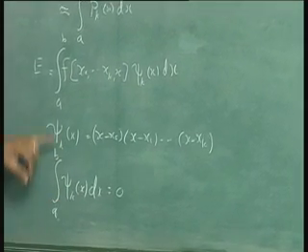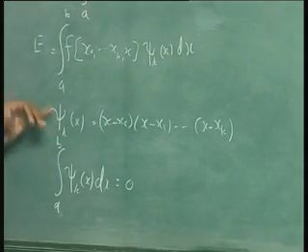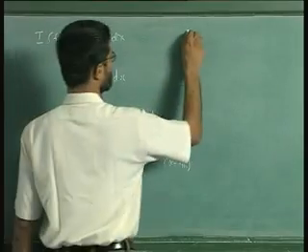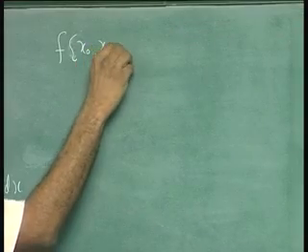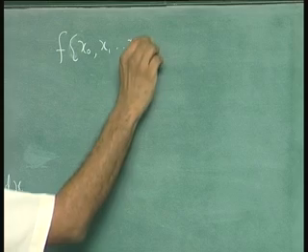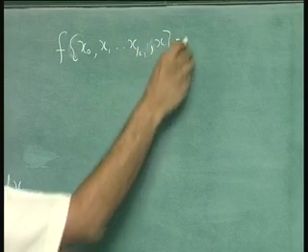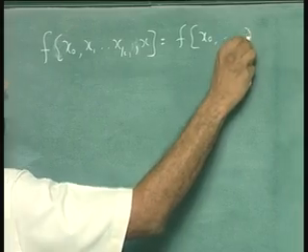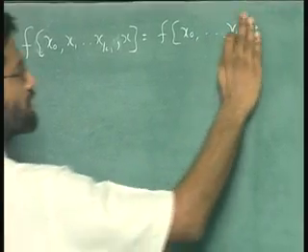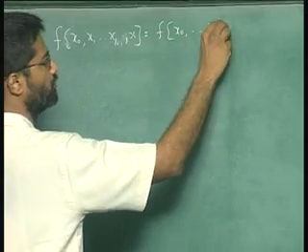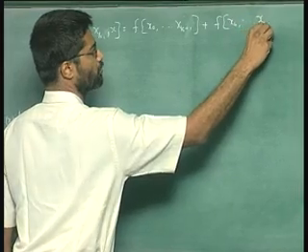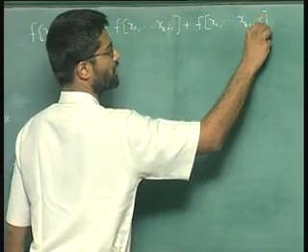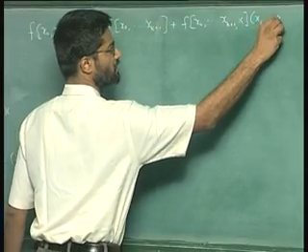In that case I can use the divided difference method to write f of x0 to xk and x as f of x0 to xk plus 1, plus f of x0 to xk plus 1 comma x into xk plus 1 minus x.